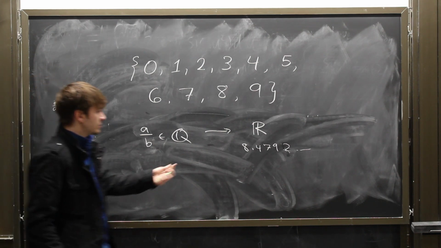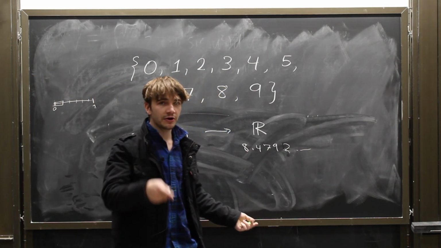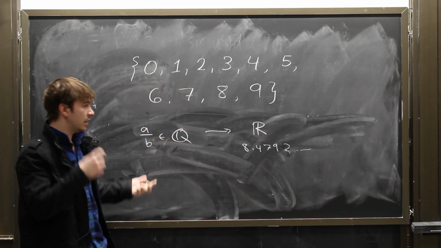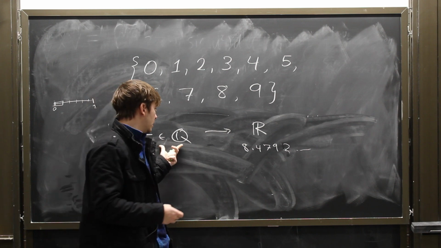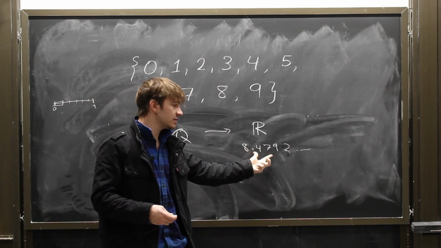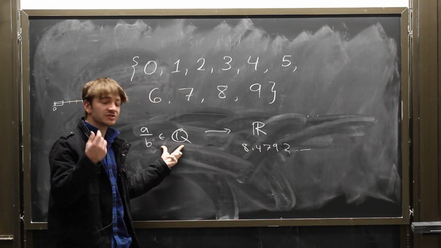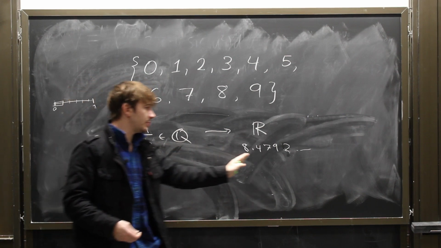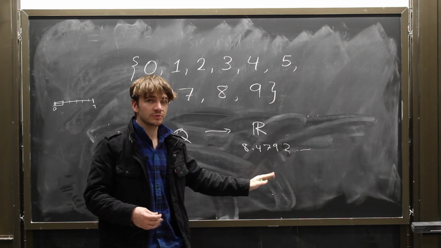Okay, so the real numbers is basically I allow all decimals, including aperiodic decimal expansions. Here, the rational numbers, all the fractions, are going to be good approximations of the real numbers, but this is actually a very small subset of all the real numbers. Namely, this is the subset with only periodically repeating decimal expansions.